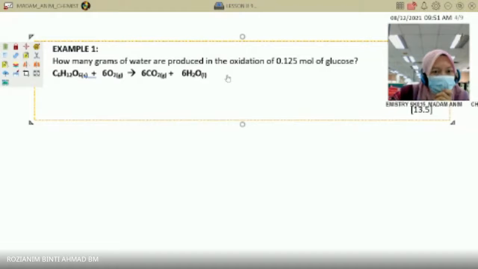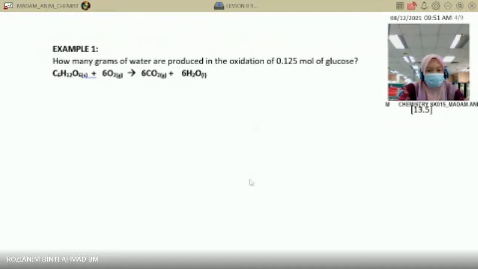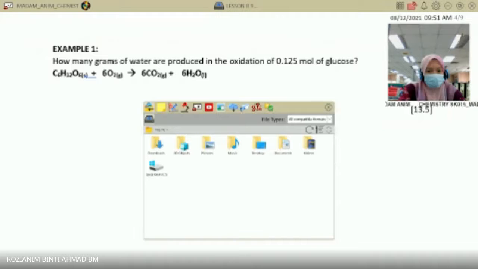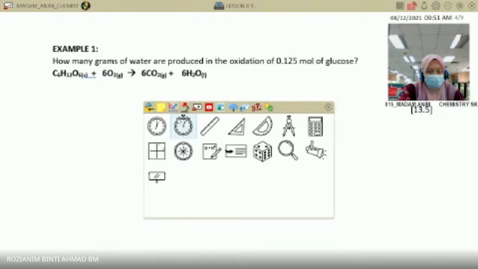Check idea dulu. Okay, cuba buat dulu. Okay, so bagi masa 3 minit, settlekan example 1. Now. Cuba dulu. Salah tak apa sebab kita baru nak recall it back what we have learned before in SPM.